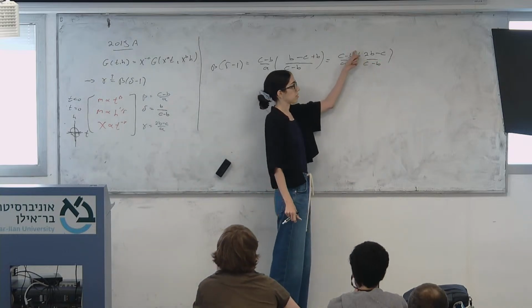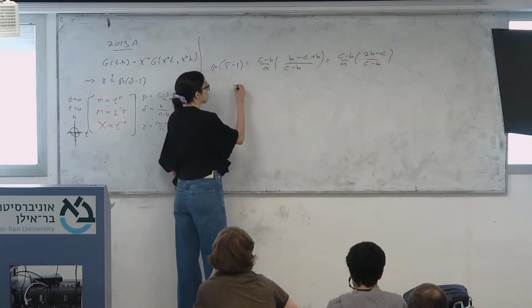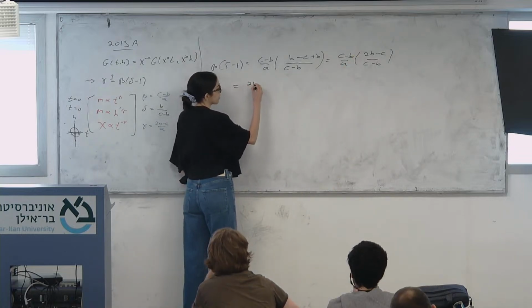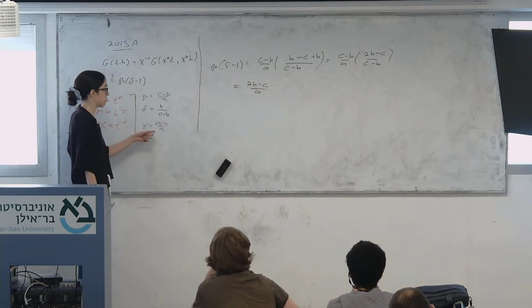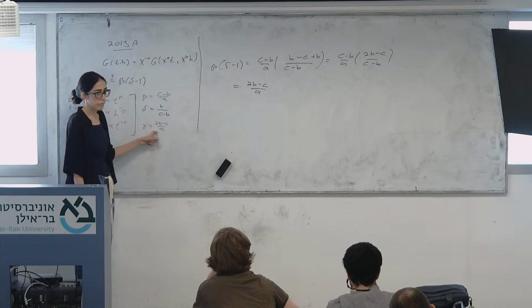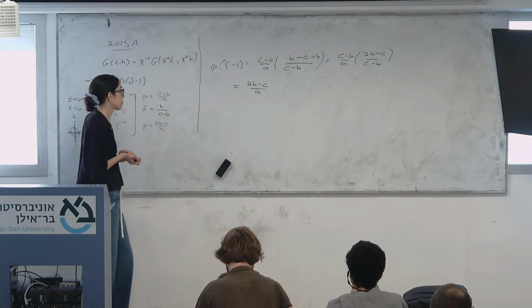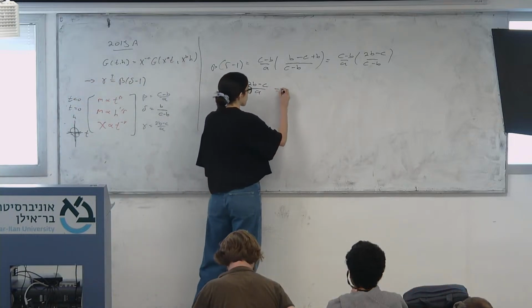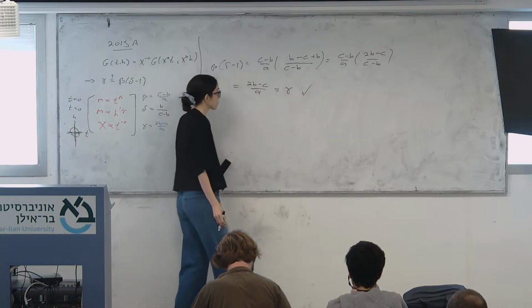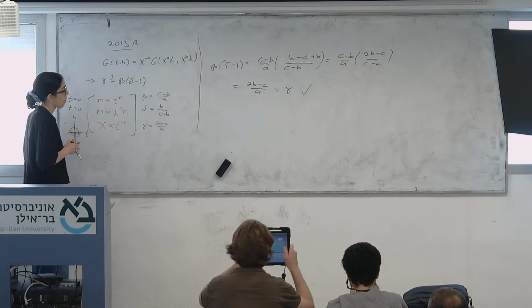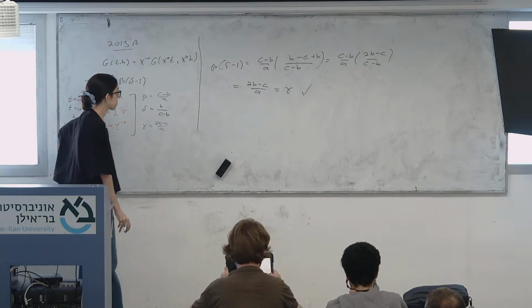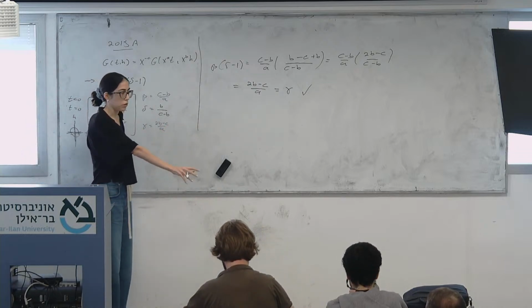The c minus b is going to cancel. So this is overall equal to (2b minus c) over a, which happens to be equal to gamma. So, surprise, surprise. So, that was the question.